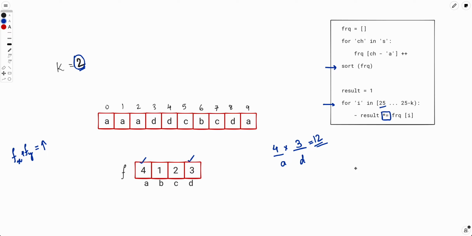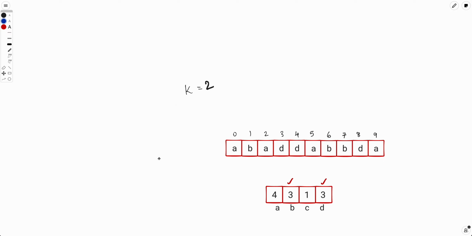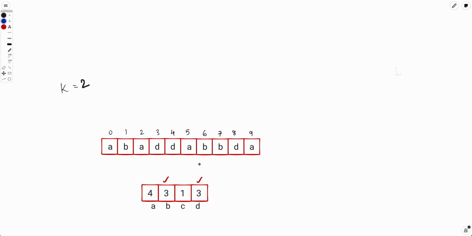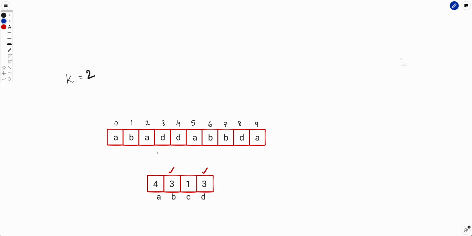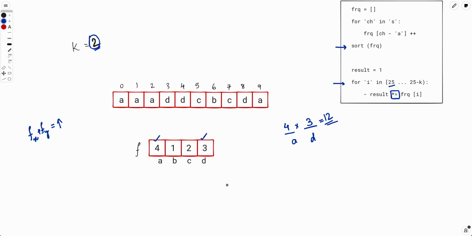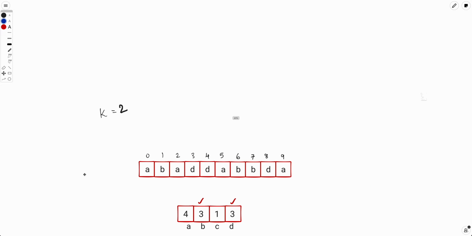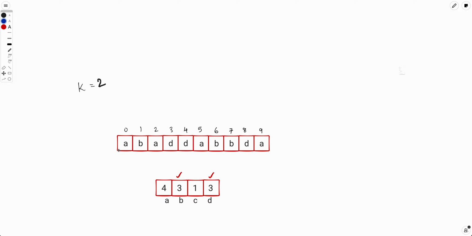what if we have collisions? In other words, in the previous case we had every frequency as equal, so there is just one way to get the maximum beauty, which is 7, right? So there is just one way to get the maximum beauty, which is f of a plus f of d. But there can be scenarios where there are more than one ways to get the maximum beauty.